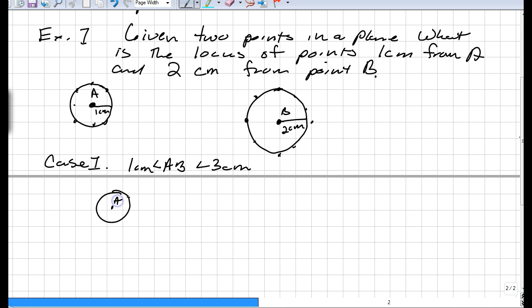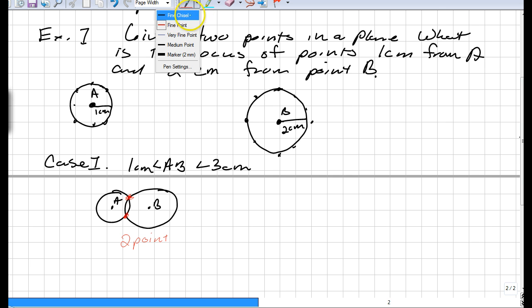We'd have circle A and we'd have circle B. But those two would intersect at 2 points. So if this is the case, then there are 2 points that meet the 2 conditions. Okay? All right.